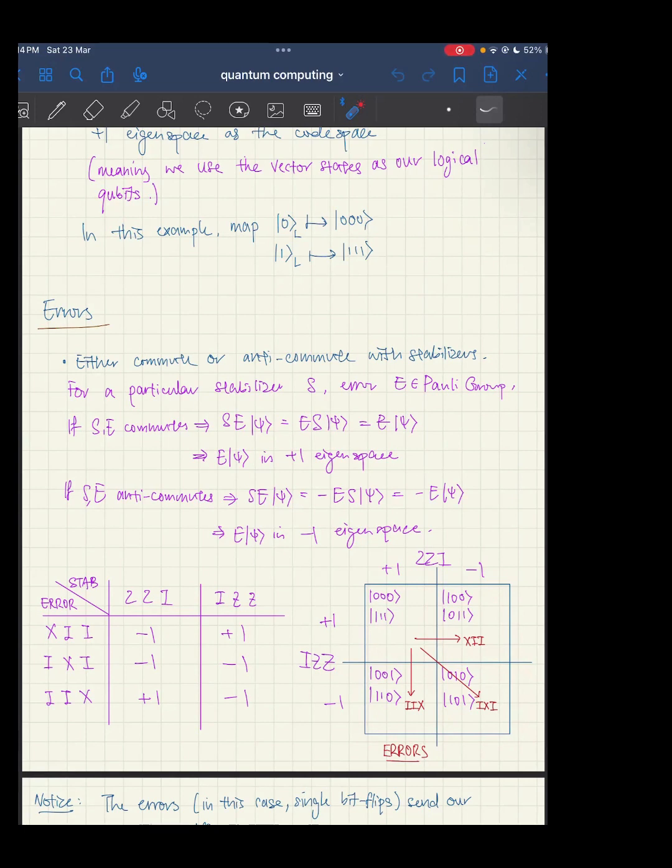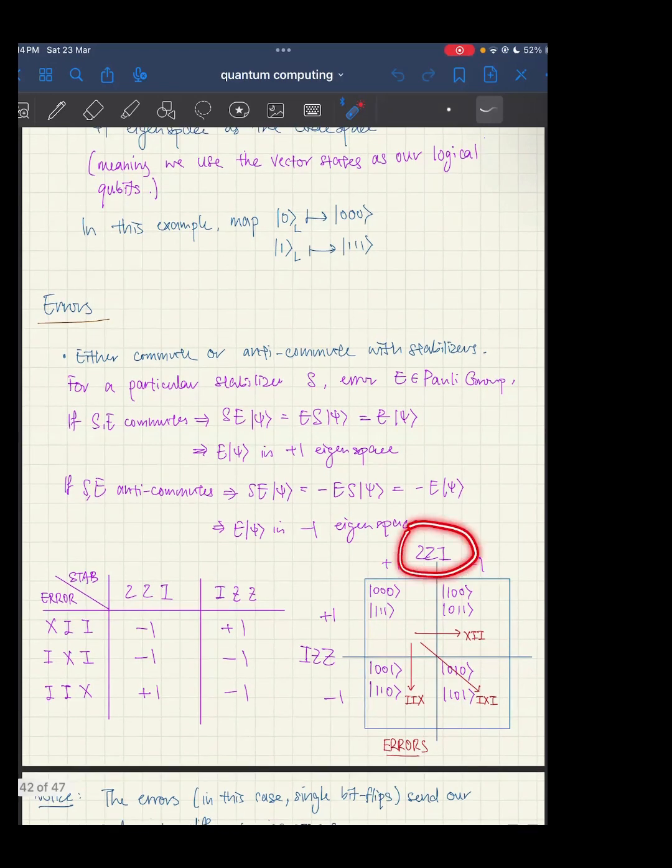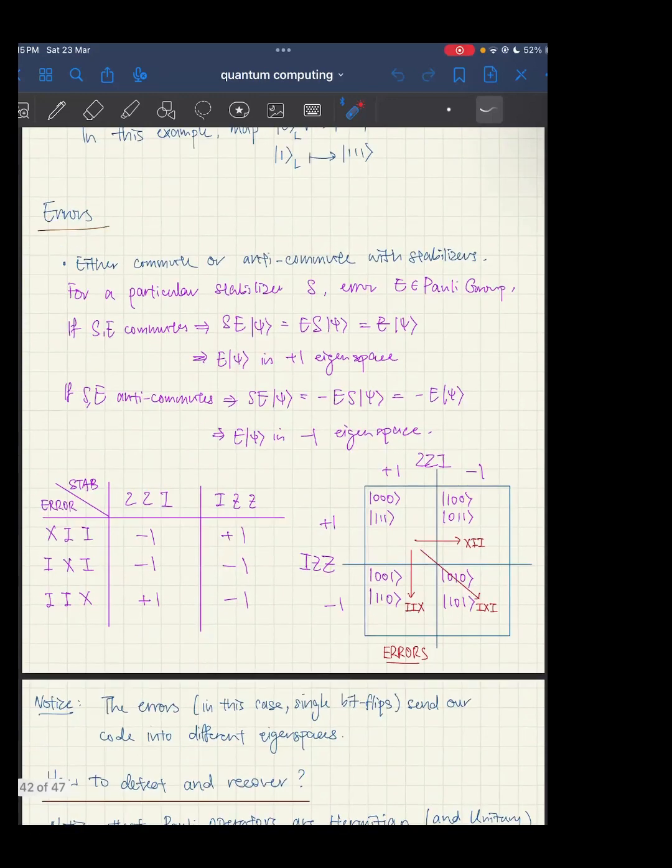What we don't want is if the errors send the code back into the same eigenspace that it started with. We don't want that, because if that happens, then we are not able to detect whether an error has occurred, because it stays in the same space. So in this case, this is a good choice of stabilizers for the single bit flip errors.